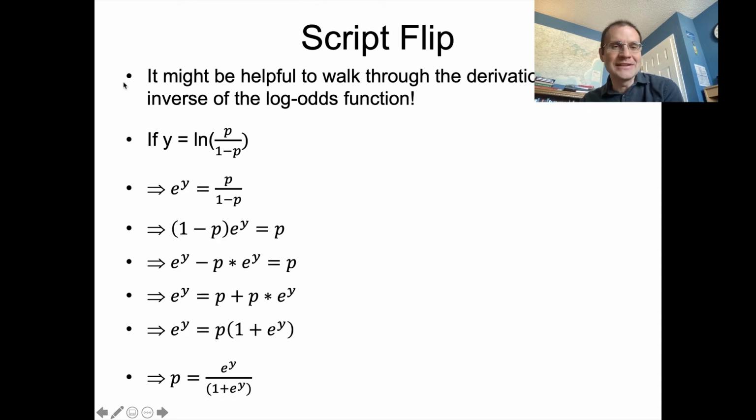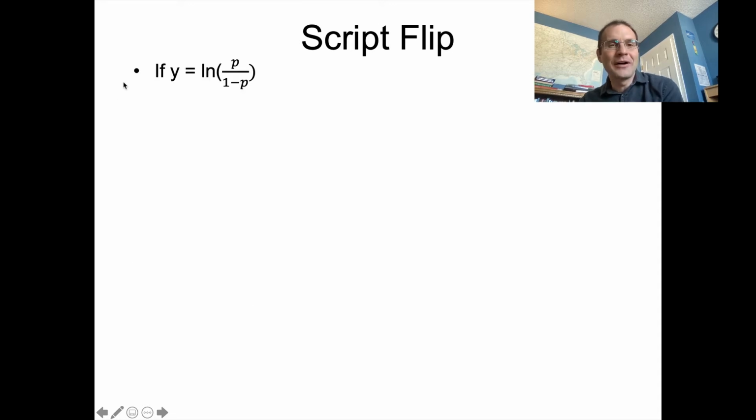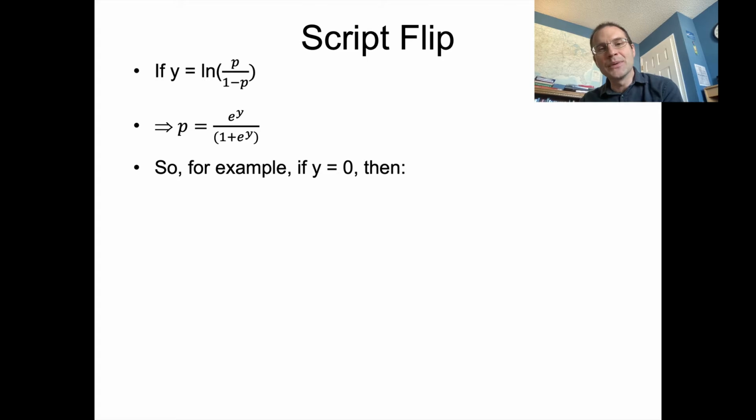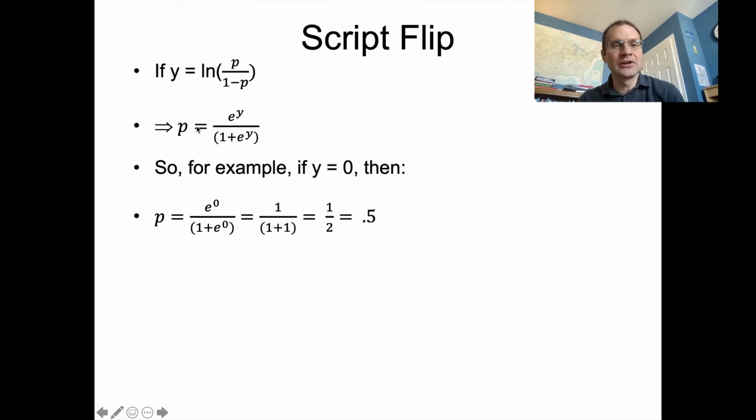What does that mean exactly? Well, if y equals 0, that might be a good starting point, then p is going to be e to the 0 power divided by 1 plus e to the 0 power. If you take anything to the 0 power, it just winds up being 1. So that converts this whole thing to 1 over 1 plus 1, which is 1/2 or 0.5.